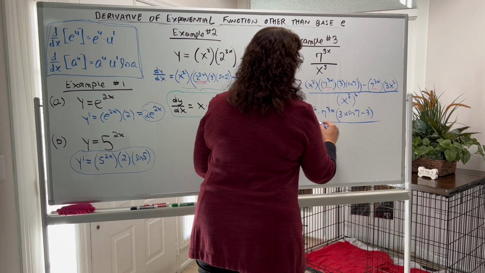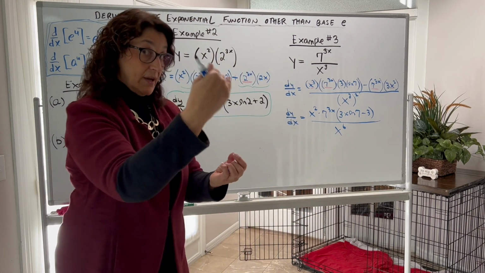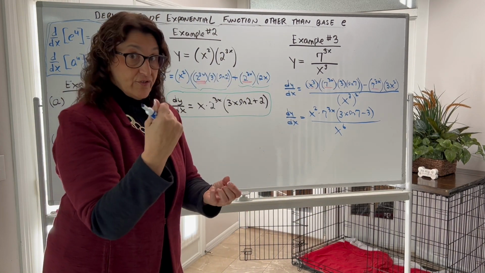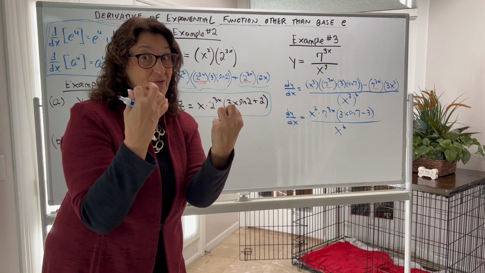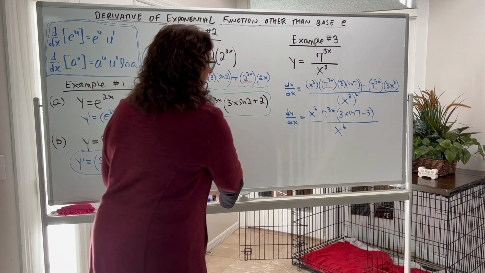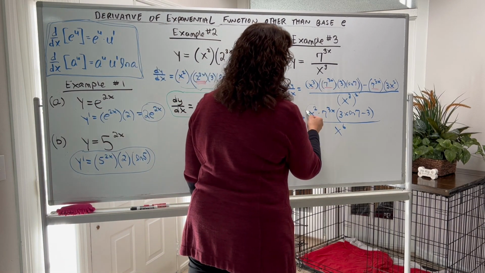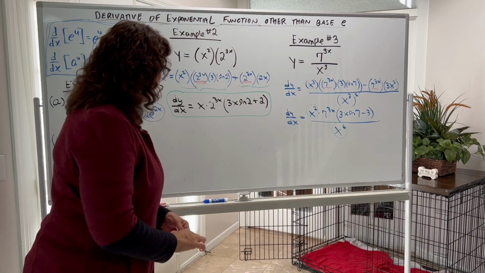There's your numerator. In the denominator, you have x to the 6th power, because when you have a power raised to a power, we have x to the 3rd, the quantity squared, so 3 times 2 gives 6. Now we can cancel x squared. We can still simplify this one more step.